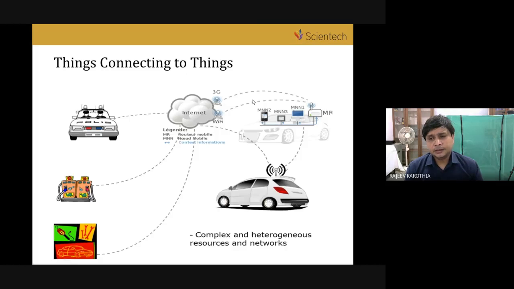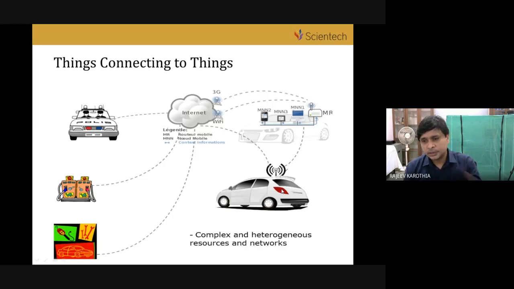And then next, we have another example which is relevant to automation in the field of cars. The car is connected with different sensors, and all the sensors are connected with the cloud, and they are communicating with each other and generating reports to get the details.